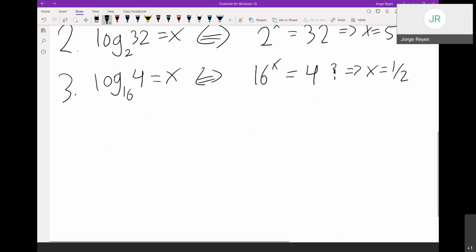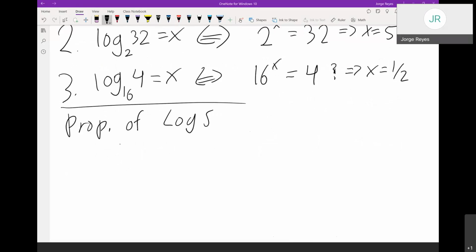Now, let me talk about some properties that you need to know. So, properties of logs. The first property is that log base a of 1, so it doesn't matter what your base is, all logs base 2, 4, 10, e, all bases, when you plug 1 into the log, is 0.